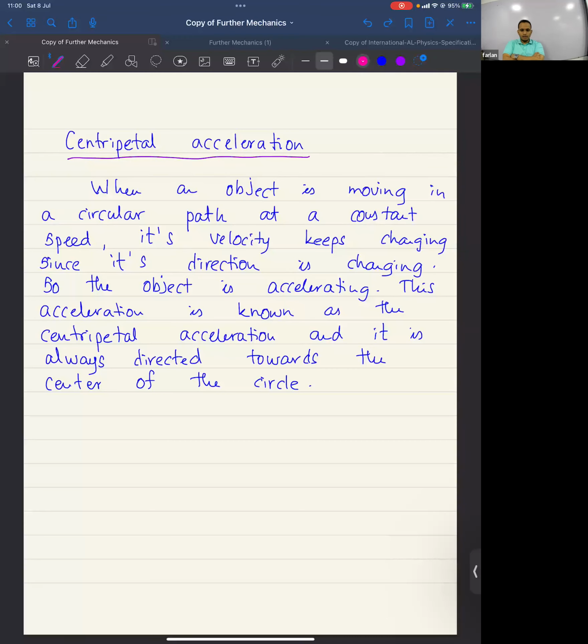And it is always directed towards the center of the circle.